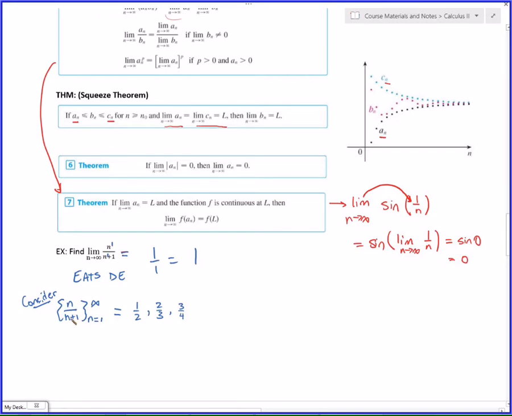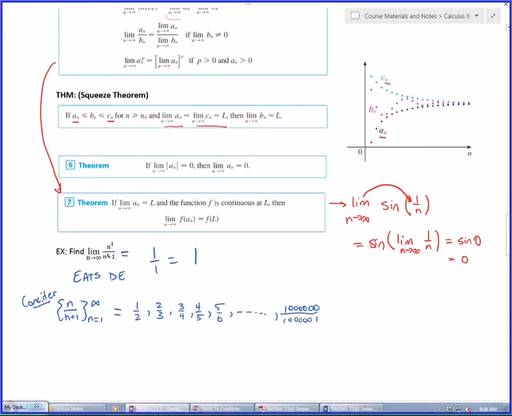Because 3 over 3 plus 1. The next one's dot, dot, dot, right? What is this doing the further out I go? Well, it's getting closer and closer to 1. It's getting infinitely close to 1.